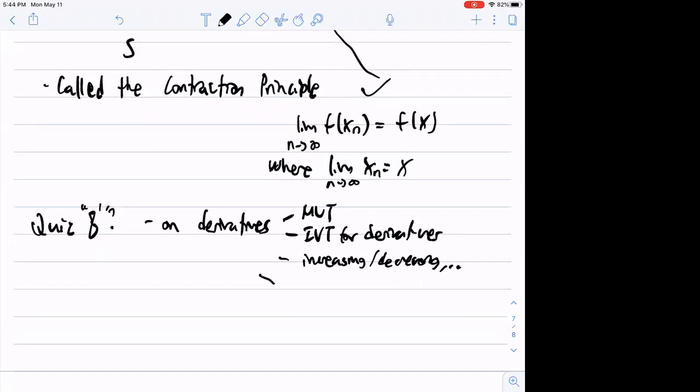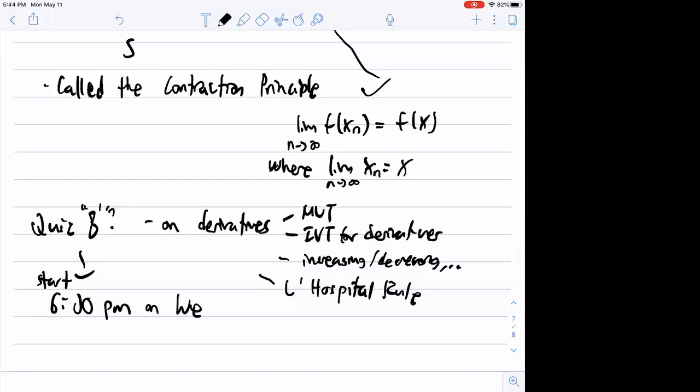And I'm going to test on L'Hopital, which is the next section. I made this quiz start at 6 o'clock on Wednesday, so it won't start at 2, because at 5 that's discussion, and I'll be going over L'Hopital really quick.